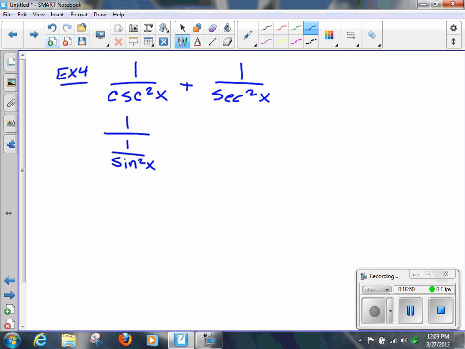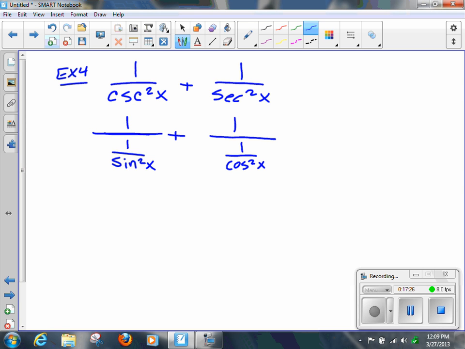I've got to write it here first, and then I'm going there. Okay? Because I need to see this as a fraction plus a fraction. If I go 1 divided by that fraction, then this is going to be 1 divided by what? 1 over cosine squared.